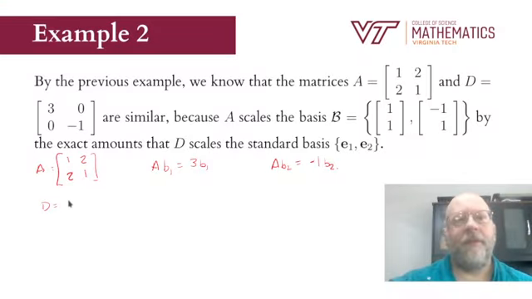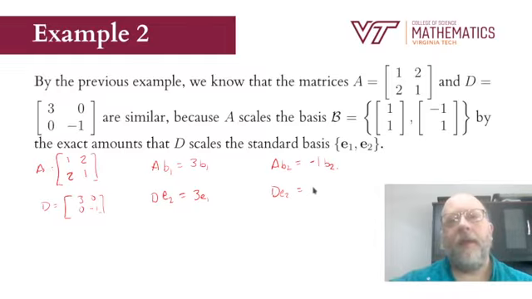But this diagonal matrix does exactly the same thing, but to a different basis. 3 times E1 and negative 1 times E2.